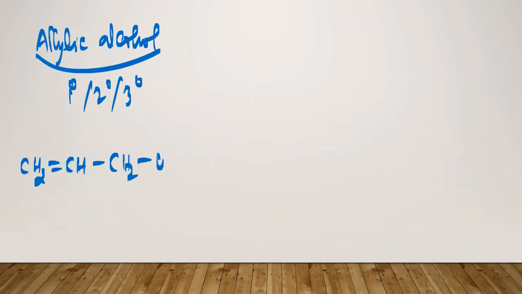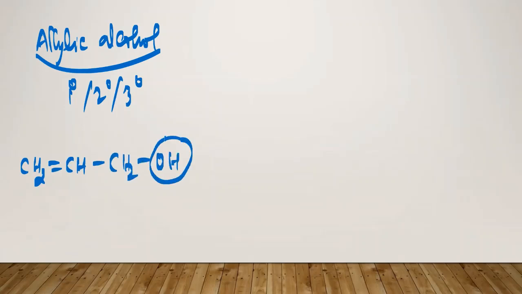Let us go for allylic alcohol now. In case of allylic alcohol, my dear friends, here also we can have 1 degree, 2 degree, and 3 degree alcohols. So have a look here. If we talk about this structure, CH2 double bond CH single bond CH2OH.